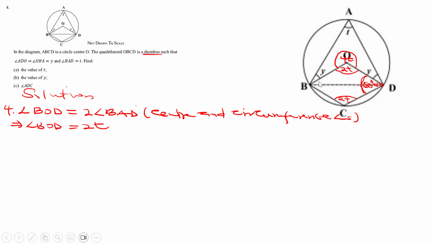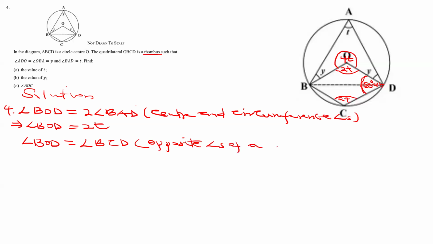It's a rhombus. We know that the opposite angles must be equal. So in this case, I can also say that angle BOD should be equal to what? Angle BCD. What is my reason? My reason is opposite angles of a rhombus.